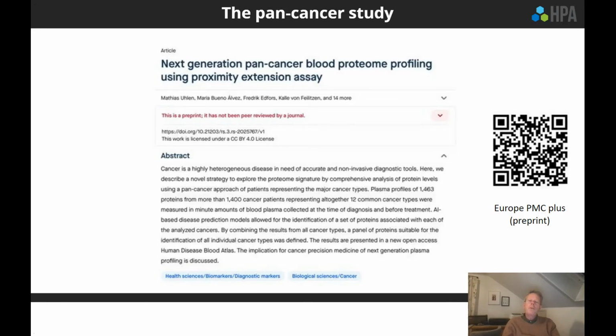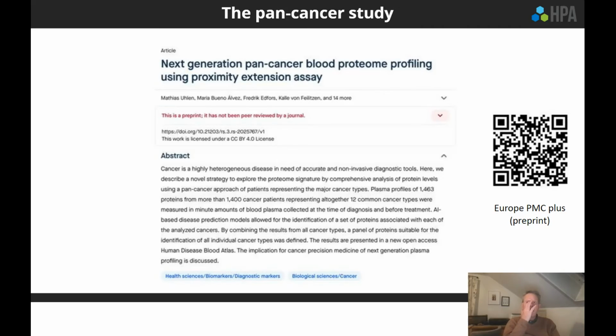And we will then use the new panel from Olink, which is the 3,000 panel. So we're very excited about this. I should also say that I have focused here on the cancers, but also the other diseases are now being analyzed, and we will release them again in an open access manner when we have them analyzed and checked and validated and so on.